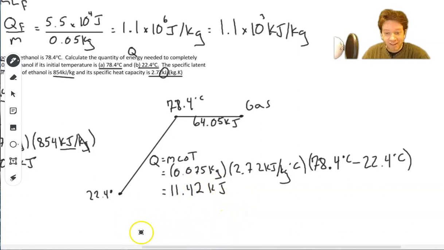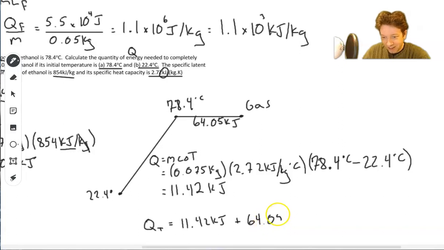So now you just need to find the total. The total heat required to completely vaporize the ethanol from an initial temperature of 22.4 equals the amount of energy required to bring it up to its boiling point plus the amount of energy required to actually boil it. And look at the difference.